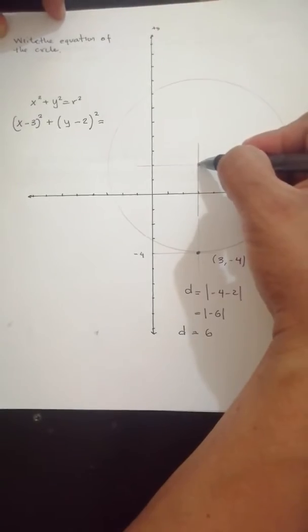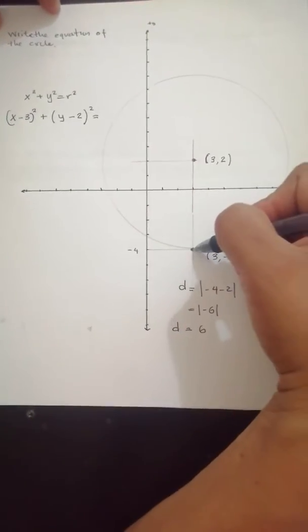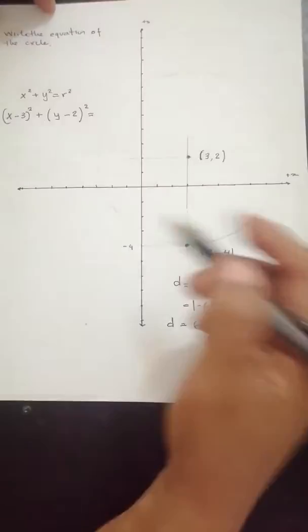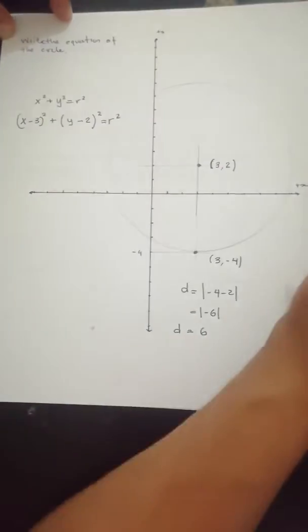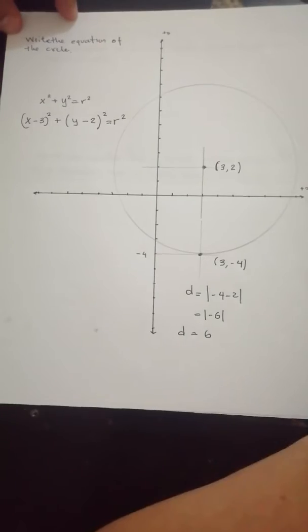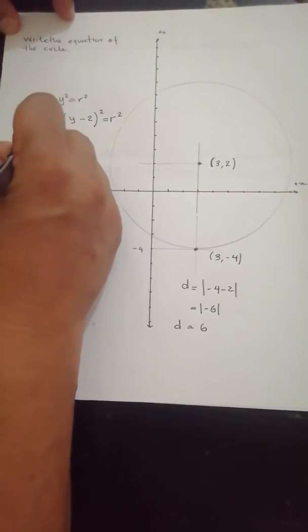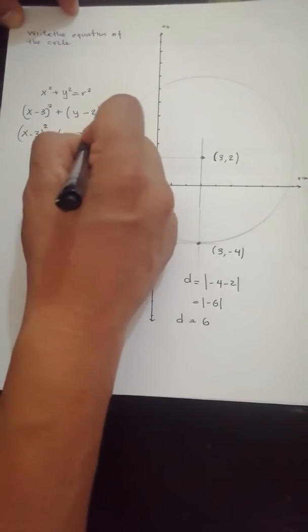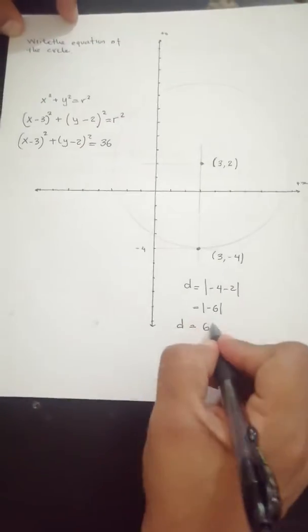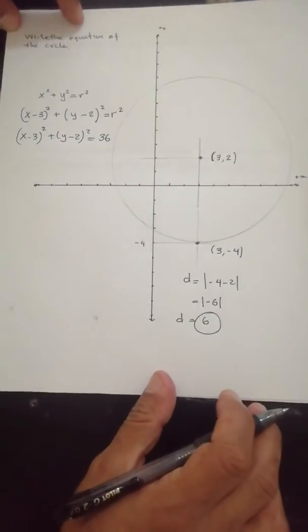So there are 6 units from the center to this point where the circle is tangent. Since the radius is raised to the second power, this will be x minus 3 squared plus y minus 2 squared equals 36. That is the square of 6.